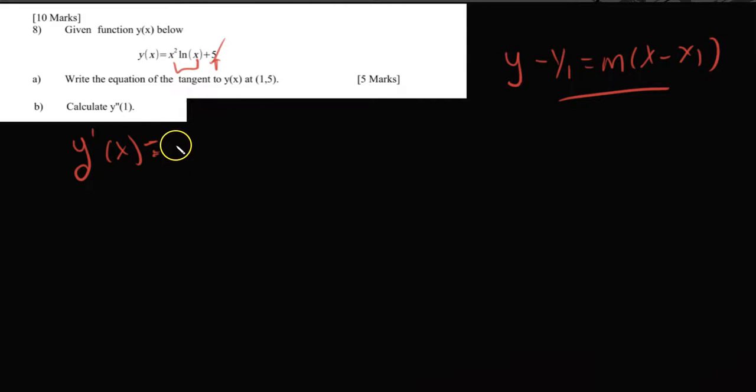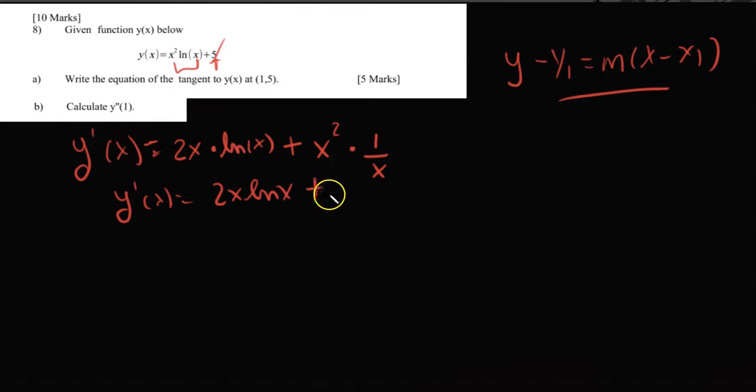So derivative of the first, 2x, times the second, plus the first, x squared, times the derivative of the second, which is derivative of ln x is 1 over x. So simplifying, 2x ln x plus basically just x.